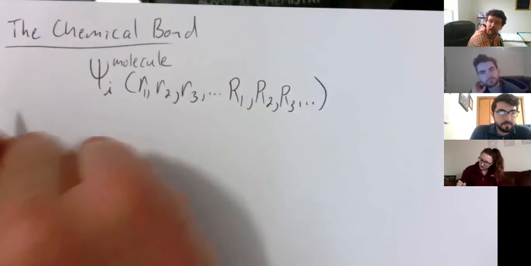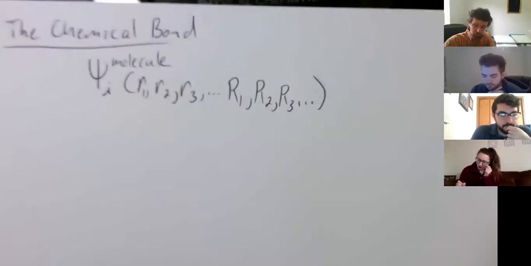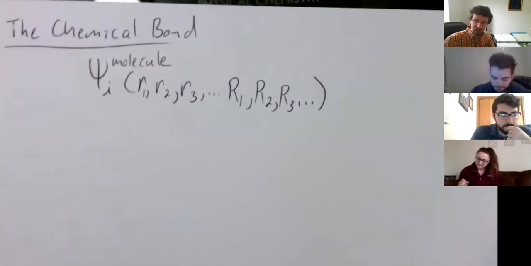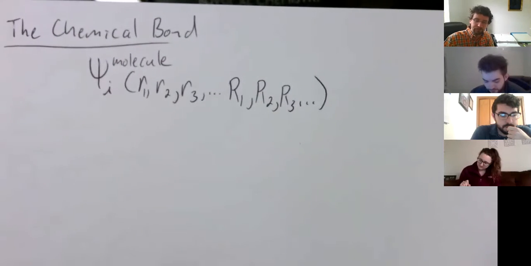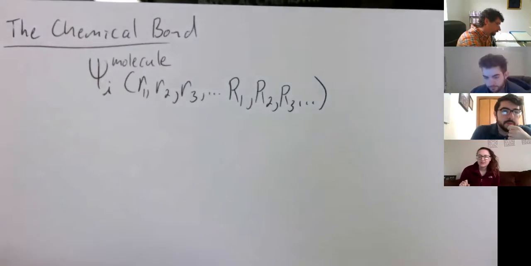said we were going to do the Born-Oppenheimer approximation. And what does the Born-Oppenheimer approximation say? Electrons move very fast compared to the nuclei. Yep, so electrons move very fast.